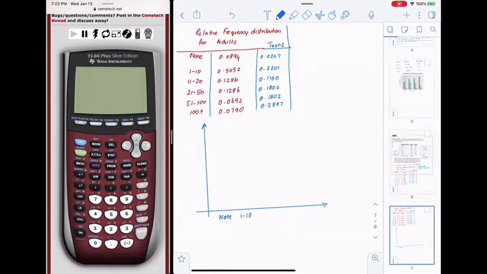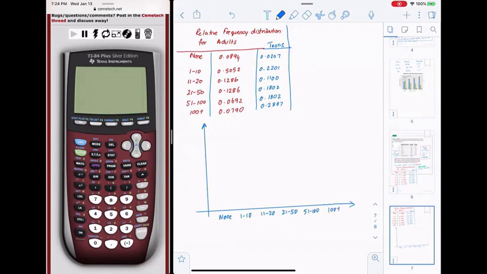So 1 to 10, 11 to 20, 21 to 50, 51 to 100. Need more space. And 100 plus.